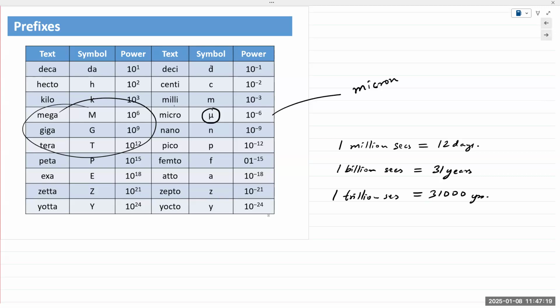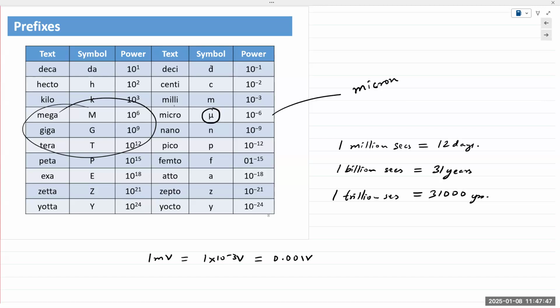Anyway, the point being, as engineers, we will work with a wide range of values. As students, when you write your answers, you can write in any form you want. If it's 1 millivolt, you can write it as 1 times 10 raised to minus 3 volts, or as 0.001 volt.